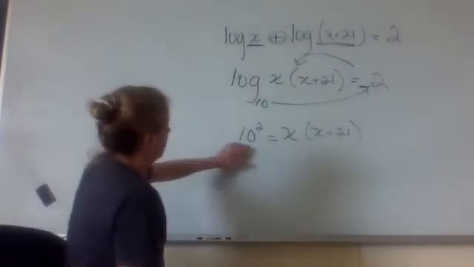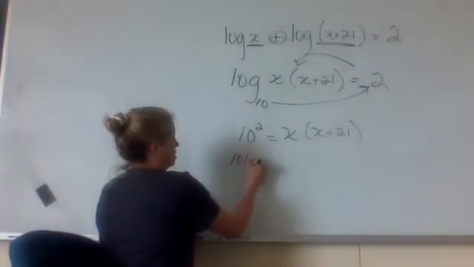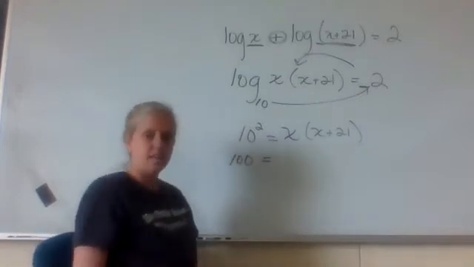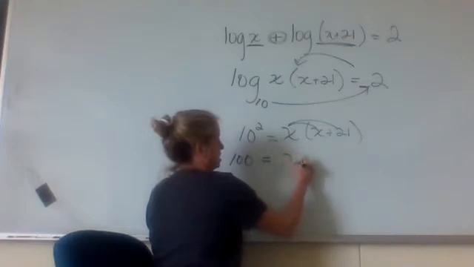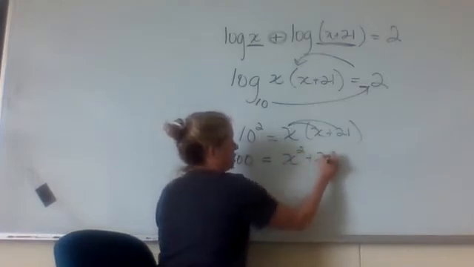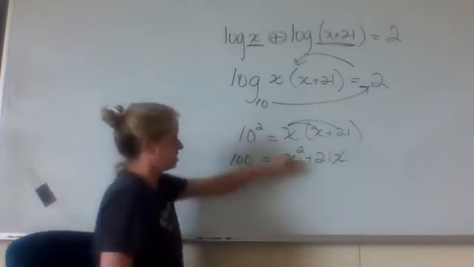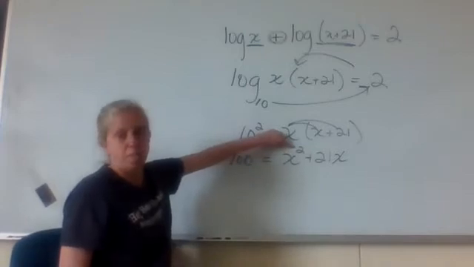So let's see what we have. 10 squared is 100 equals, I need to distribute the x here. So that's going to give me x squared plus 21x. This makes it quadratic, right?